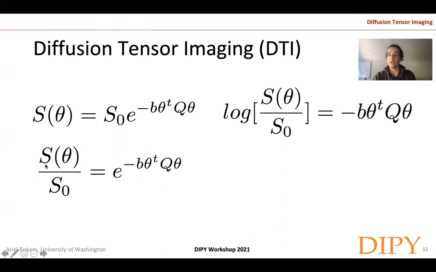Now we can take the log of both sides of this, and then we get the log of the signal as dependent on the direction, divided by the non-diffusion weighted signal, is now this linear model with B, and this element is a single number because it's a projection.